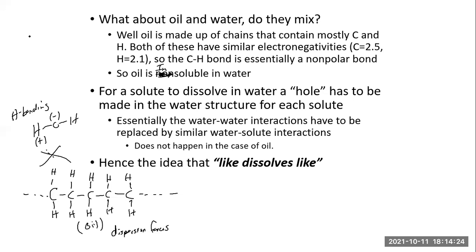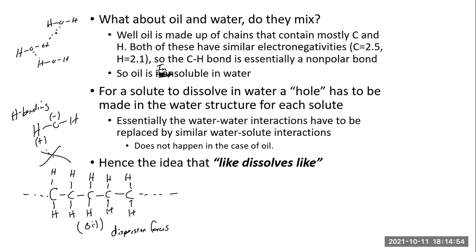And that brings up a very important way for these interactions to happen. In order for something like oil, which is really big and has no way to interact well with water, to dissolve in water, it's got to break apart these water interactions that are there. Before anything dissolves in water, there's just a bunch of water molecules that are bonded to each other.